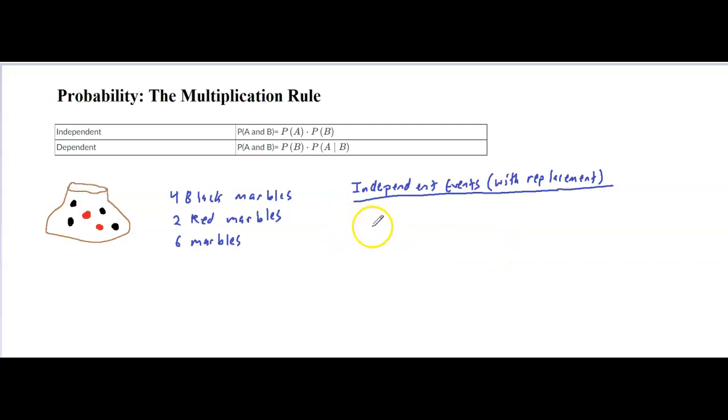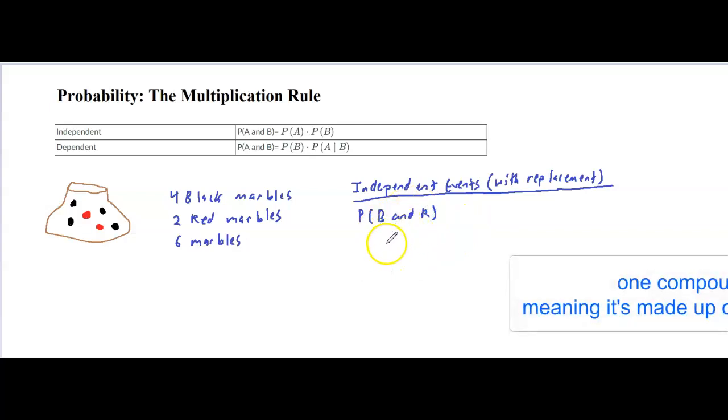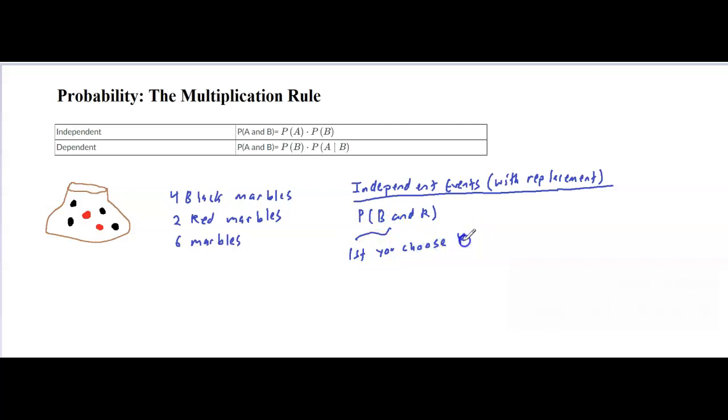So in this case, let's look at the probability of me choosing a black and then a red marble. This is considered one event, but what happens in real life is first you choose a black, and second you choose red. And like I have titled up here, we're going to do this with replacement.